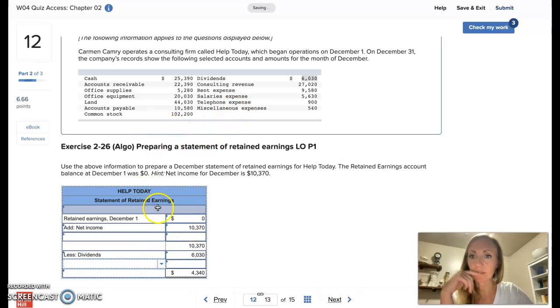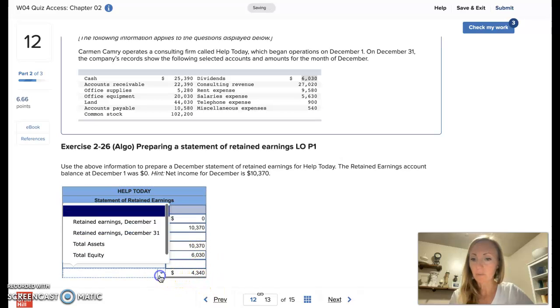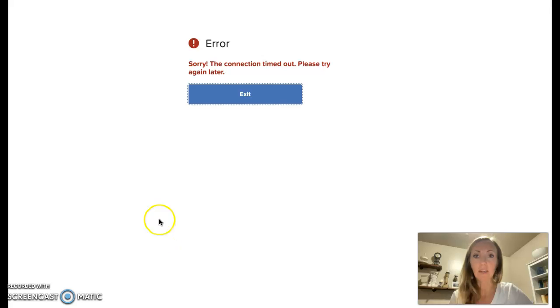Okay, and then that does the math for you here. 4,340, and this is the retained earnings.